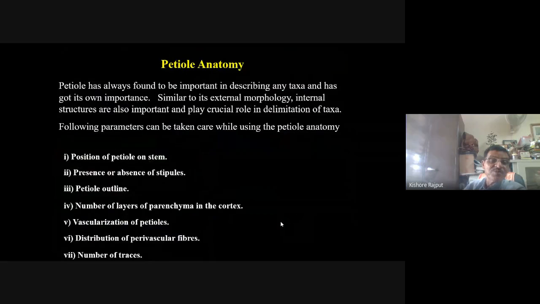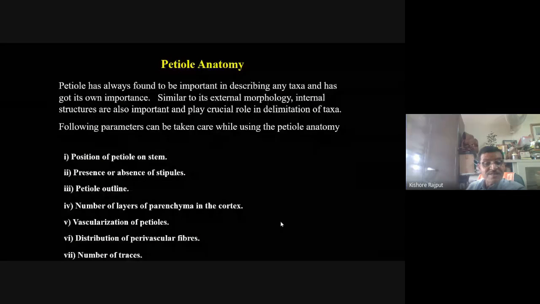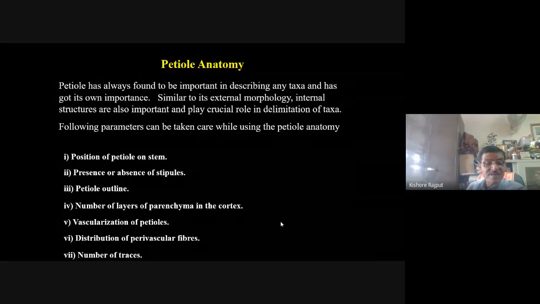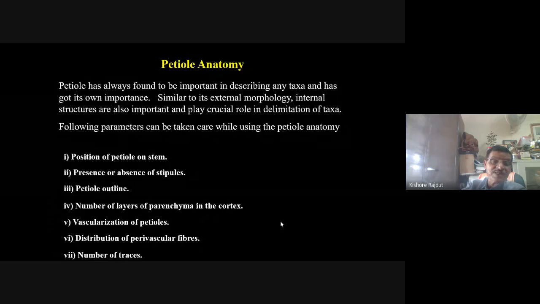Then petiole anatomy, what you are supposed to see: the position of the petiole on the stem, where it is located, absence of stipules, petiole outline, number of layers of parenchyma in the cortex, vascularization of the petiole, distribution of perivascular fibers, number of traces entering into the petiole. These are the important parameters that can be studied for delimiting genera or species.